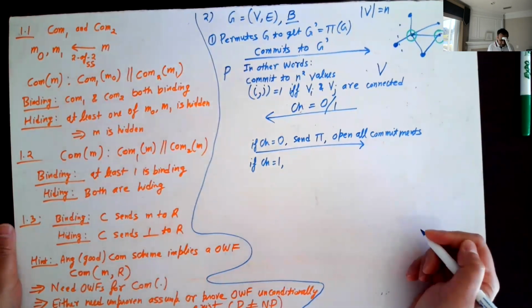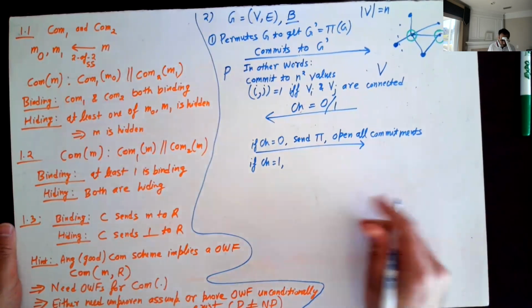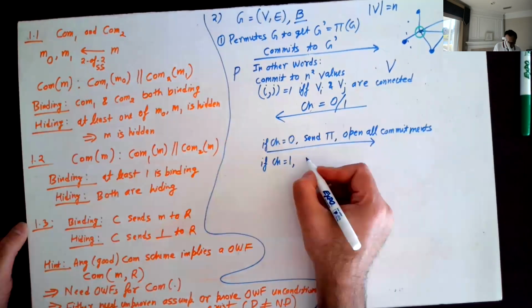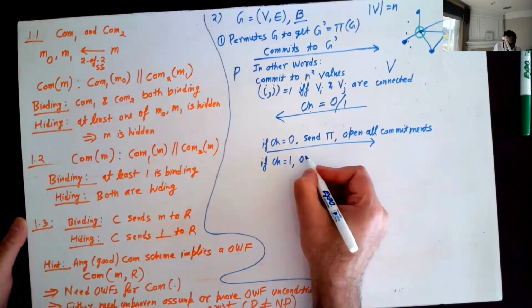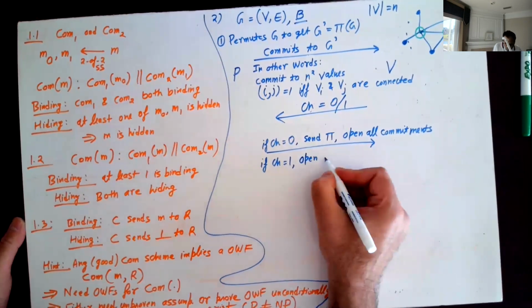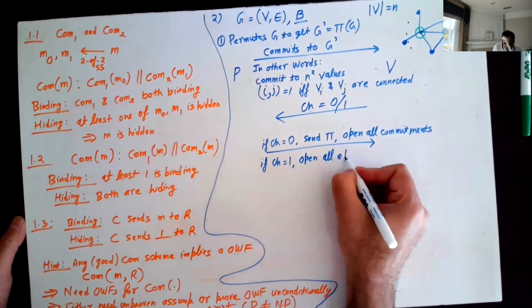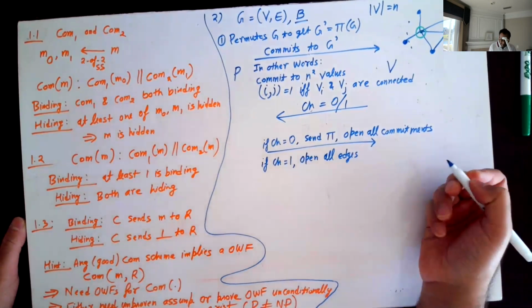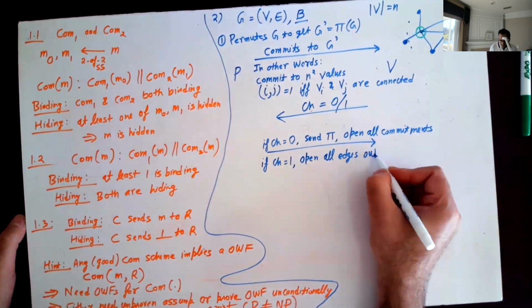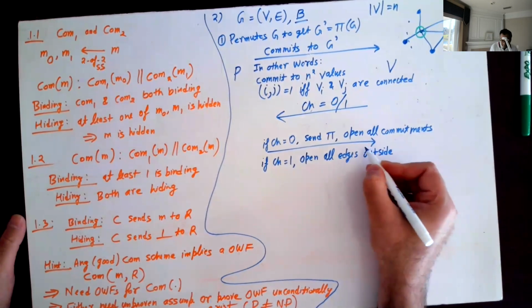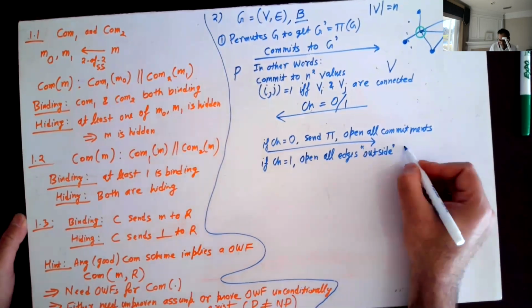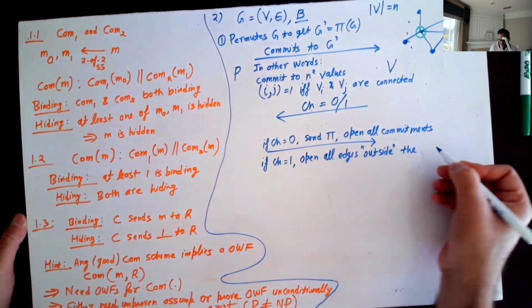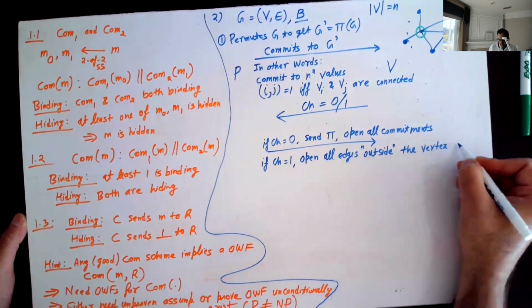Okay, so let's say if CH equals 1, then open all edges sort of outside the vertex cover.